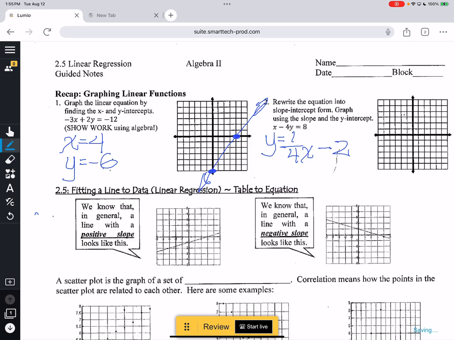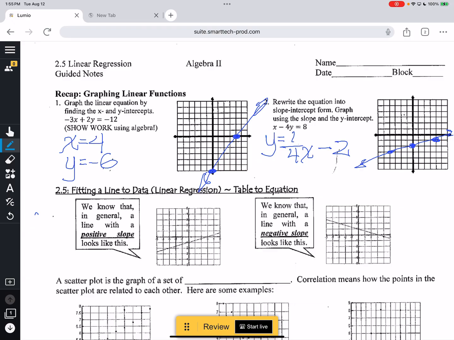And that means we go to negative 2, and then we go up 1 to the right 4. And then we graph. All right, those work great when we just have lines and they're pure and nothing is off.